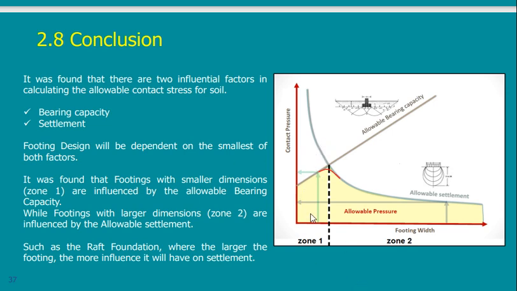But if I increase the breadth of the footing, the opposite will happen. Why? Because of the curve. If you go to something like 2 meters here, I will go up, I will cut the curve for the settlement before, and I go here, so the allowable contact pressure or the allowable bearing capacity is small.